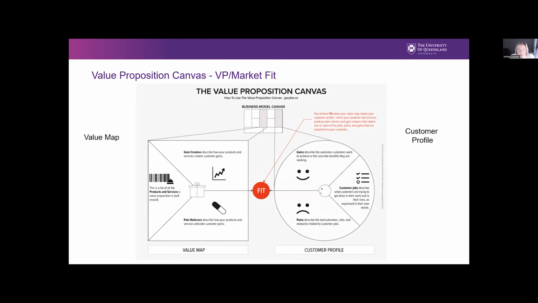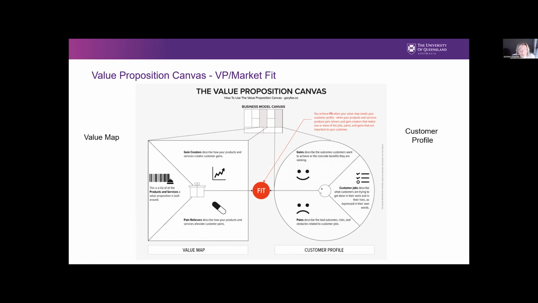With this, you're looking to understand what pains your customers have, what obstacles or problems they have, and what the potential gains are, what opportunities, I guess you'd say, there are for an improved experience or process. You're also looking at what the customer jobs are, so the tasks or activities that they need to do that your product or service is going to help them with.